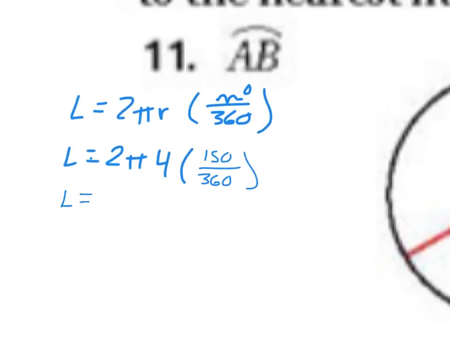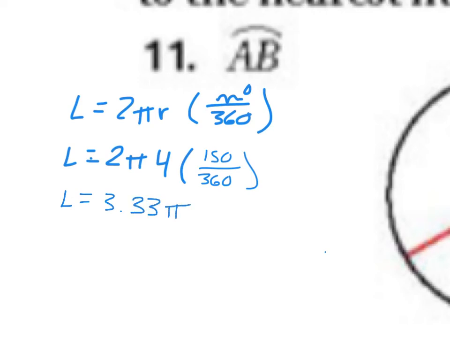Now we're going to put everything into our calculator except pi because we want to leave our answer in terms of pi. So we have 2 times 4 times 150 divided by 360. And that gives us 3.33 pi.